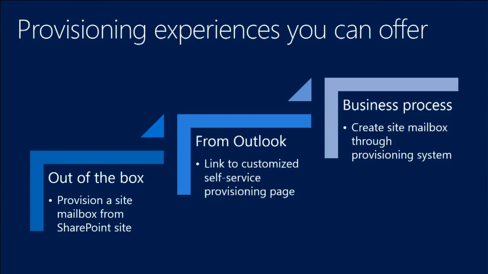Again, either automatically or the user should add the site mailbox app and then run the site mailbox app. And then, finally, as I mentioned, there's an ability to do it as part of your business process. If you have centralized tools, you can use the PowerShell commandlets, both in SharePoint and Exchange, to create the site mailbox and the site as part of that tool.